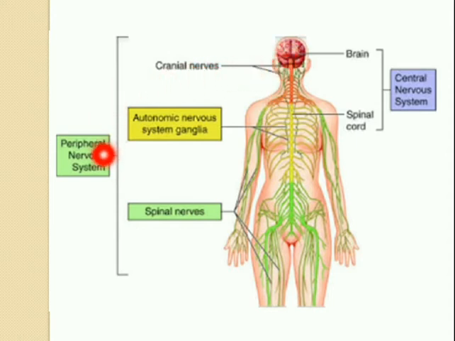These cranial nerves and spinal nerves coming from brain and spinal cord respectively make peripheral nervous system. And then there is another part of nervous system, that is autonomic nervous system, which is composed of sympathetic and parasympathetic nervous system.